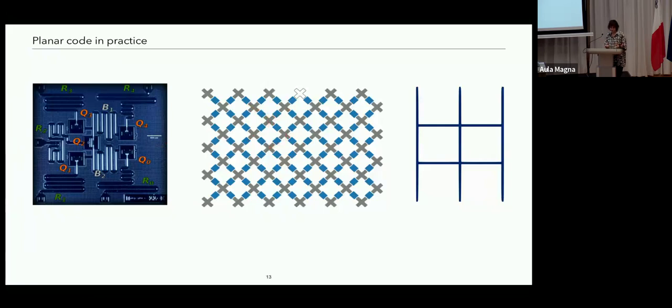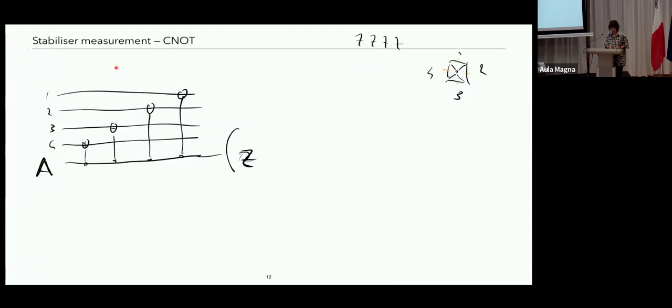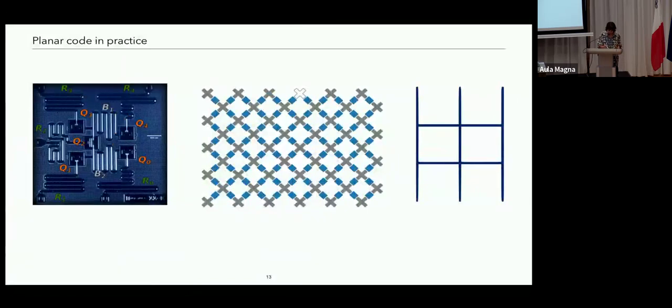And it's exactly the kind of situation that you need to measure a stabilizer in the planar code. What I'm saying is that, to measure the phase operators on this planar code here, you just need to add six auxiliary qubits and do a bunch of CNOTs like this, right?